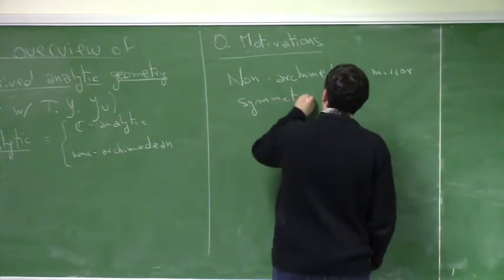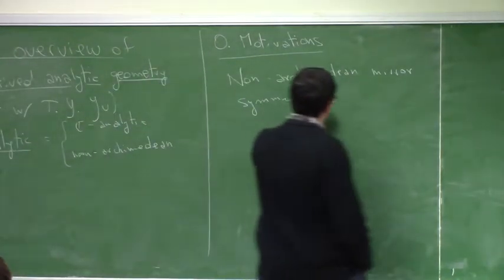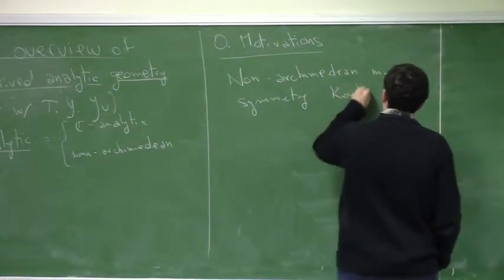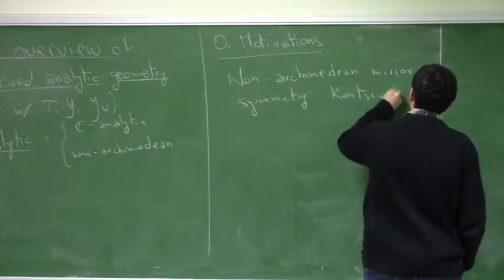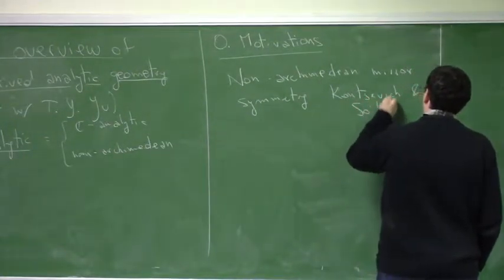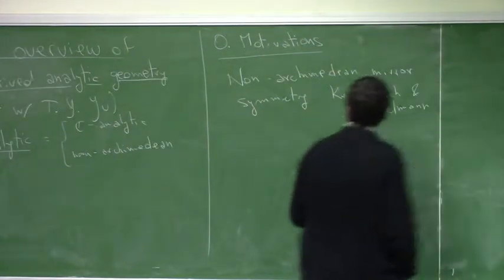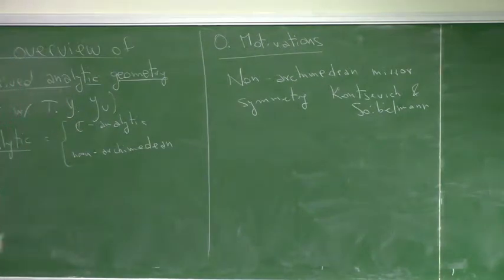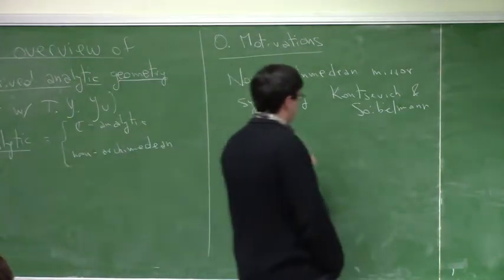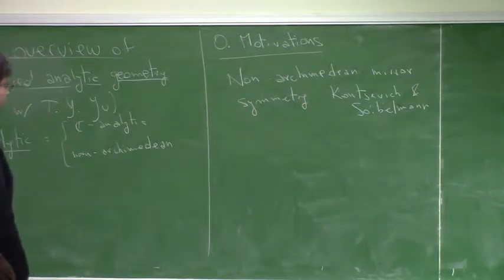It's part of a long-term project suggested by Kontsevich and Soibelman. Basically, in its easiest version, it says that it should be possible to construct mirror varieties, some special mirror varieties, in the non-Archimedean setting.